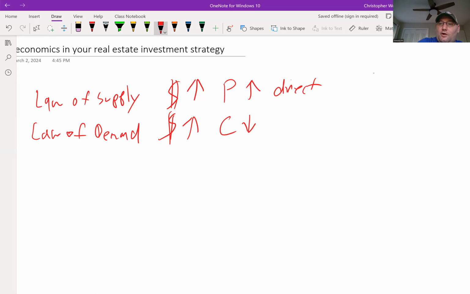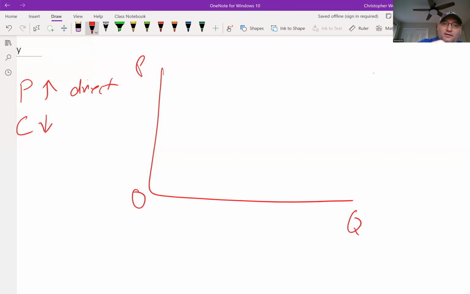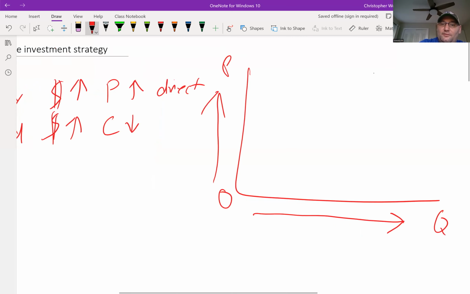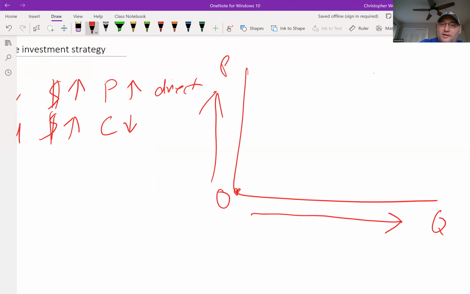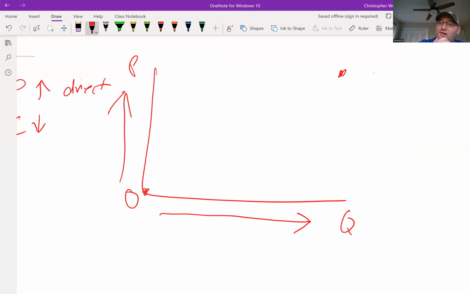So what does that look like graphically? How do we graph that? Well, we create a graph where we have price on one side and quantity on the other and zero at the axis. When we look at the law of supply, as price goes up, we want to produce zero at zero price, but we want to produce many at higher prices.